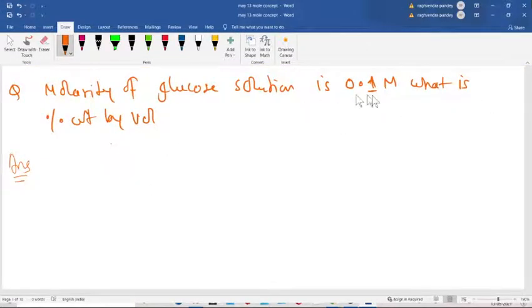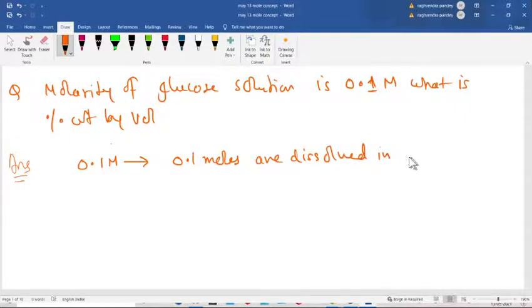Molarity is 0.1 molar here. What does 0.1 molar mean? It means 0.1 moles of glucose are dissolved in 1000 ml water.